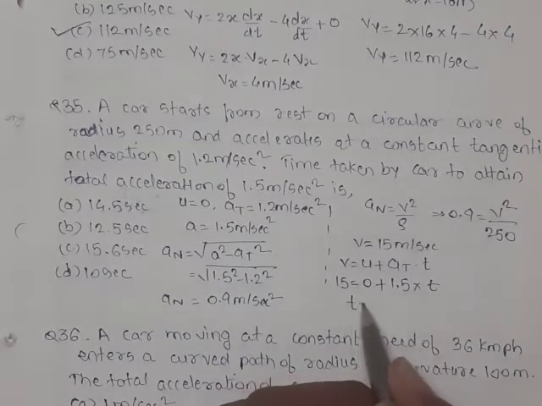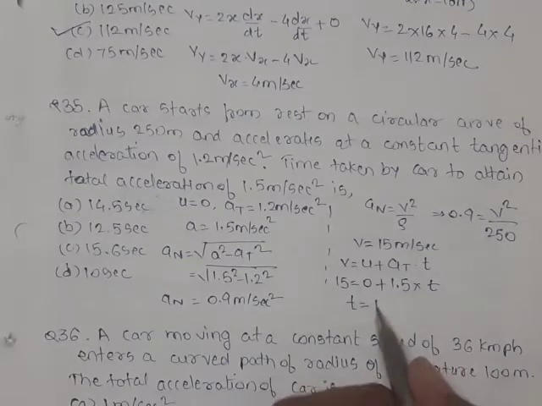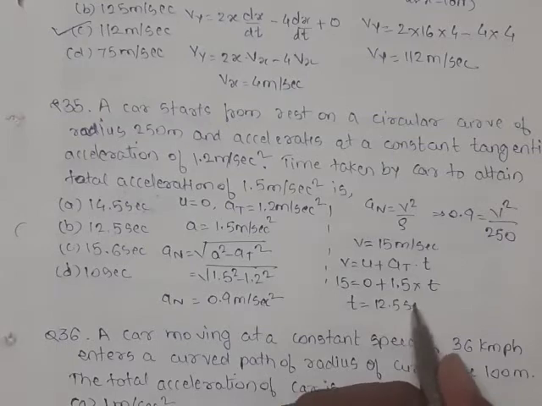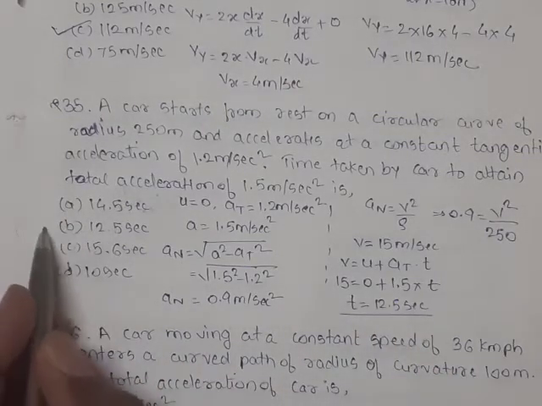By solving we get the value of t, which comes to be 12.5 seconds. We are finding time, so the unit is seconds. So out of the four options, option B, 12.5, is correct.